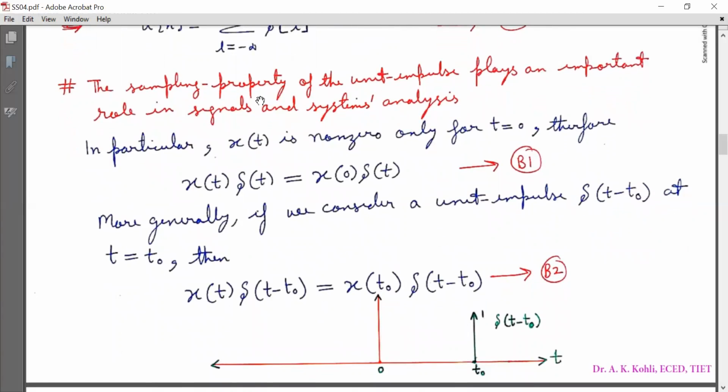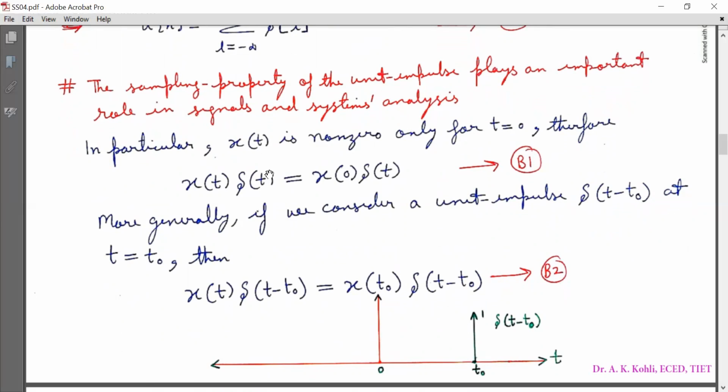Now, the sampling property of the unit impulse plays an important role in signals and systems analysis. In particular, x(t) is non-zero only for t equal to 0. Therefore, look at this equation B1, x(t) into delta(t). Now, delta(t) is non-zero only for t equal to 0.